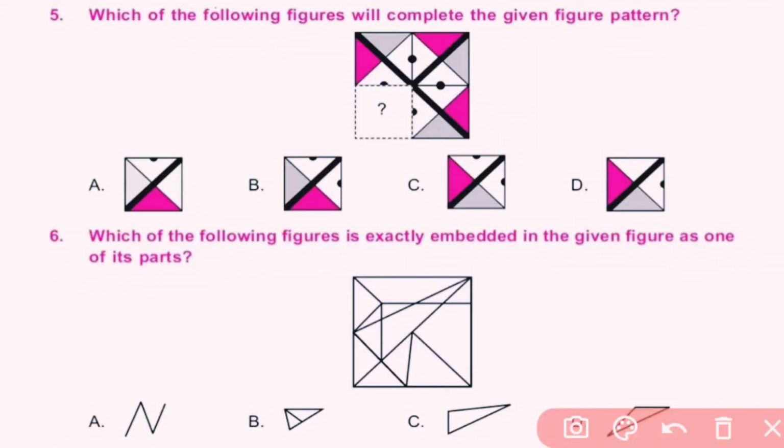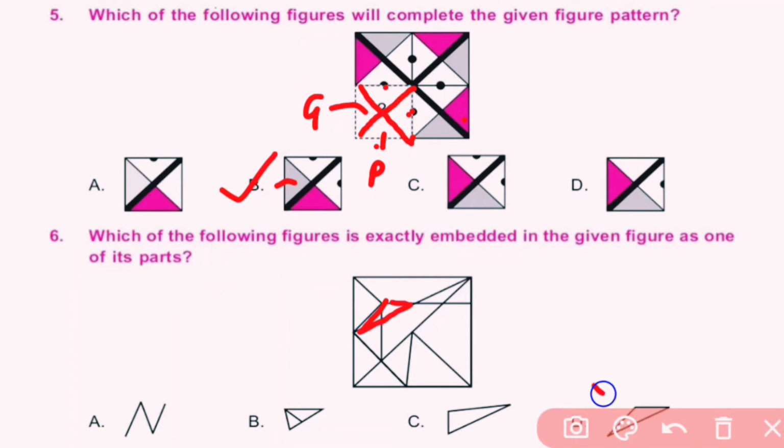Question number 5. Which of the following figure will complete the given figure pattern? We first complete the figure. Here dot, here dot, then here grey color, and here pink color. So B is the correct answer. Question number 6. Which of the following figure is exactly embedded in the given figure as one of its part?